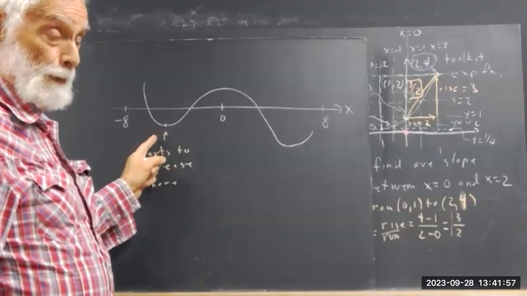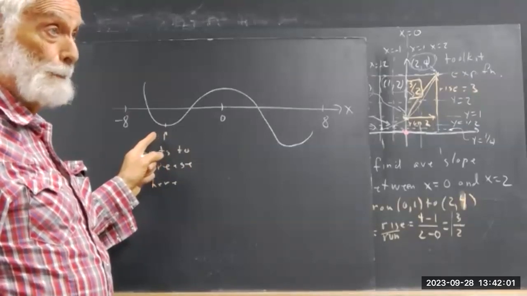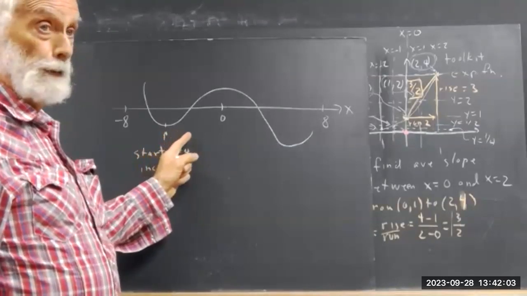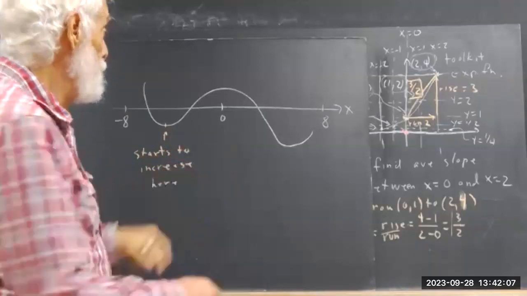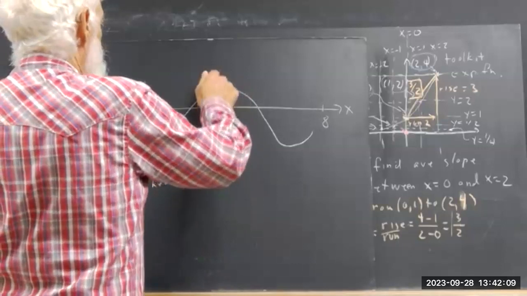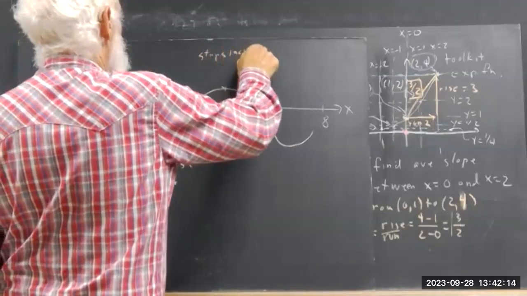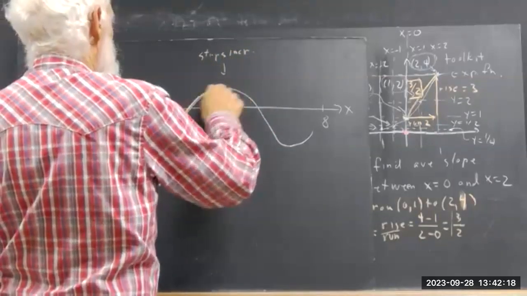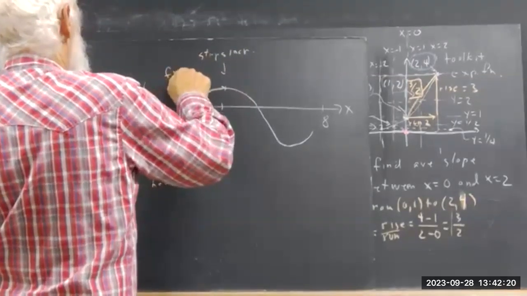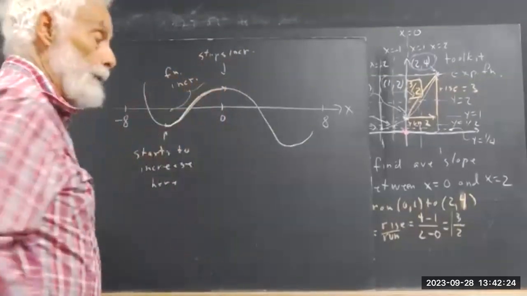Ready? If you got it in your head, can you visualize the point where it stops increasing? Okay, so I'm going to move here and you tell me where to stop and what to hit. Okay, that looks good. It'll be about here. Stops increasing here. So the function is increasing from here to here.